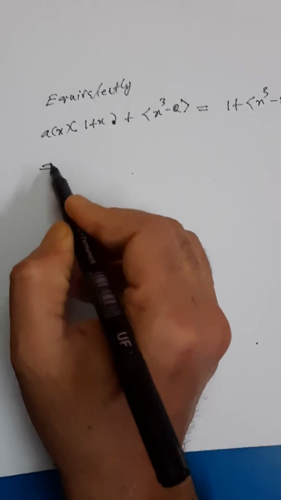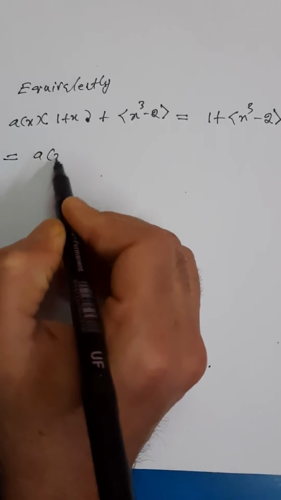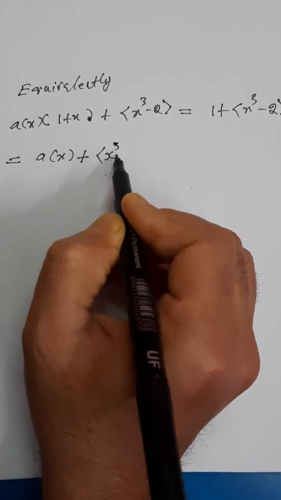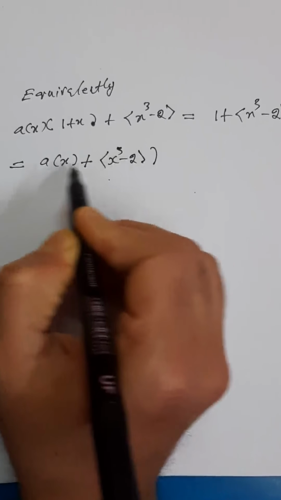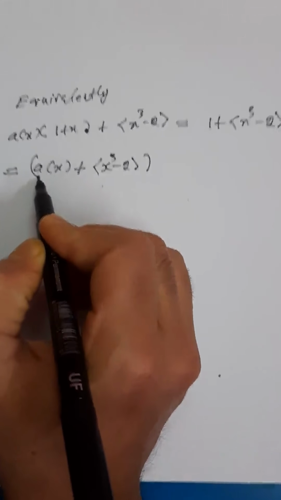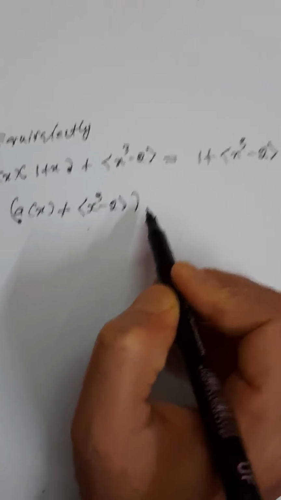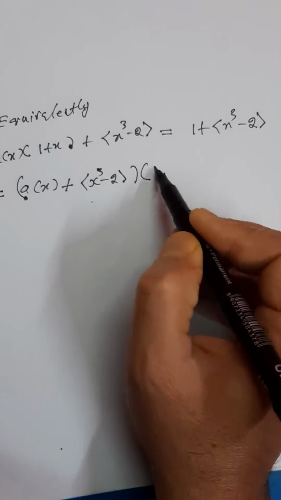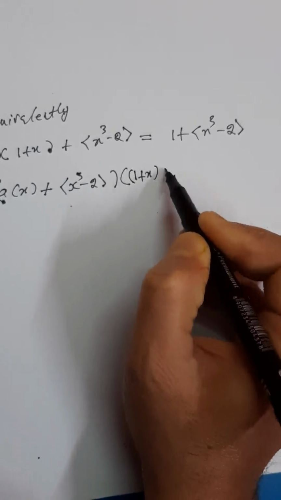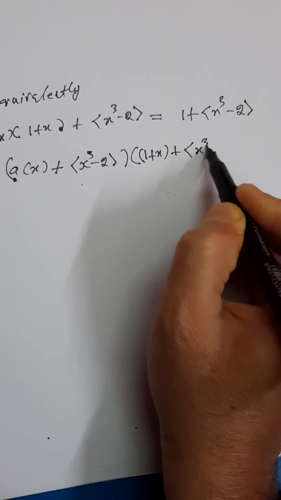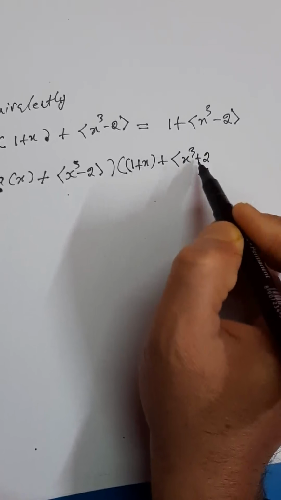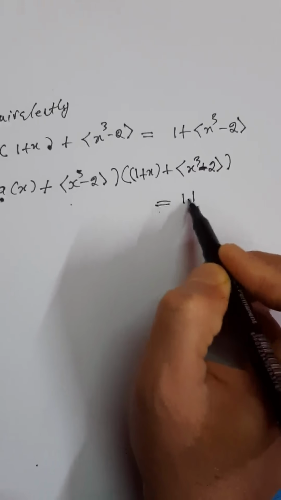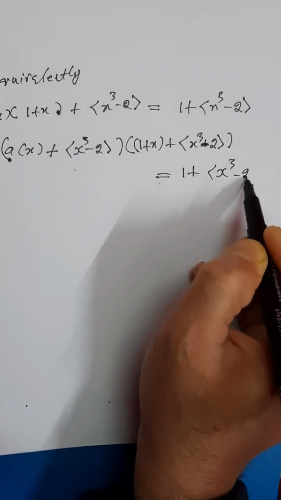Or you can say that a(x) plus ideal generated by x cube minus 2, multiplied with 1 plus x plus ideal generated by x cube minus 2, equals 1 plus ideal generated by x cube minus 2.